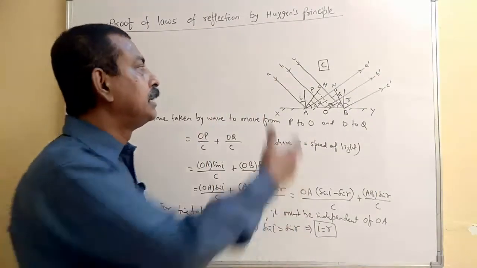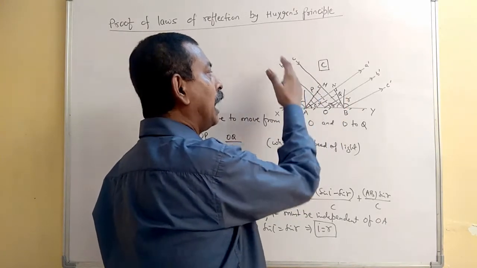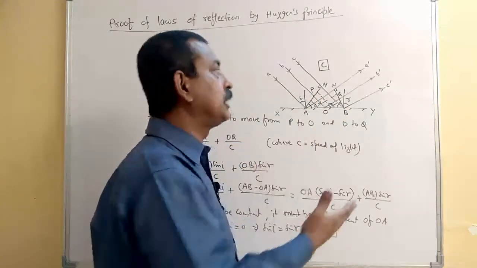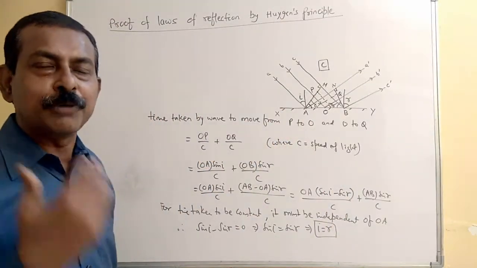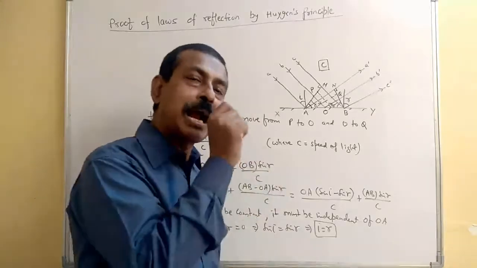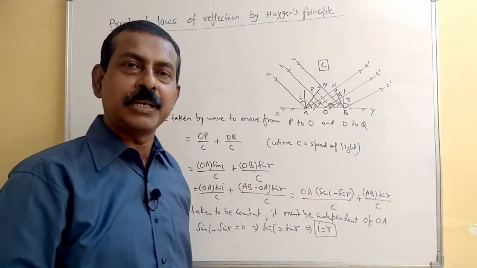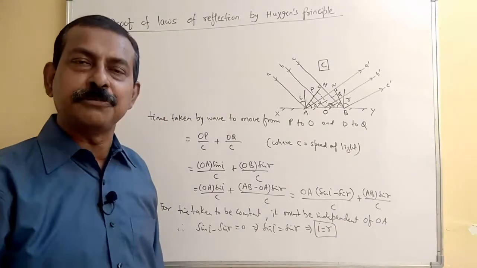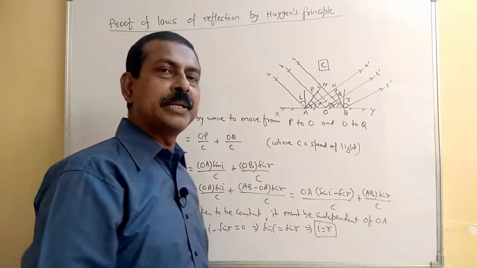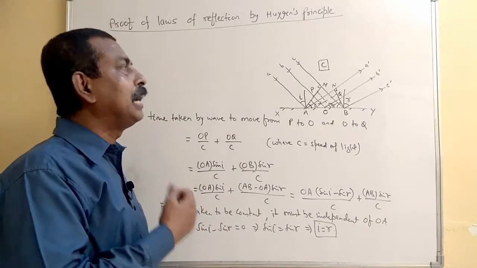Obviously, if you consider the incident wavefront, reflected wavefront and the normal, and accordingly you find the direction of the incident ray, reflected ray and the normal at the point of incidence, they all will be lying in the same plane. So the second law is also verified. That way also you can explain. This is the proof of laws of reflection by Huygens' principle.